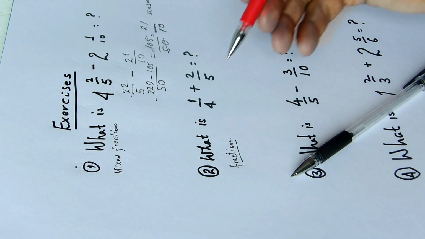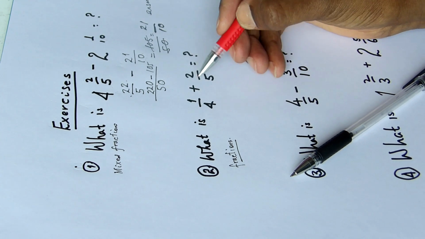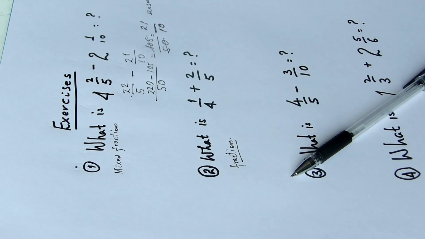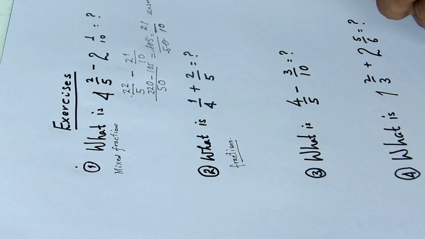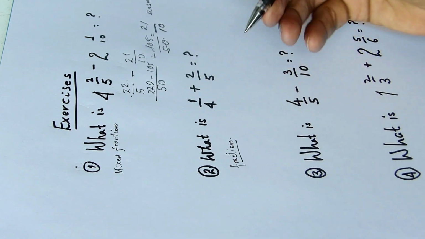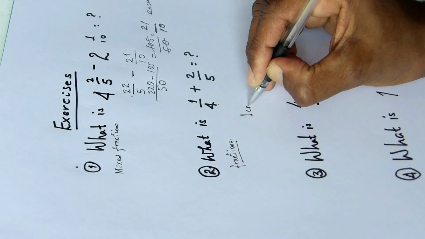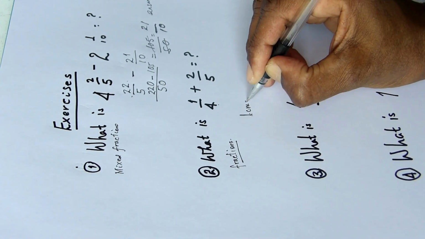Okay, let's do these fractions: 1 over 4 plus 2 over 5. How can we solve this? Okay, as I have said, we need to find the LCM first.